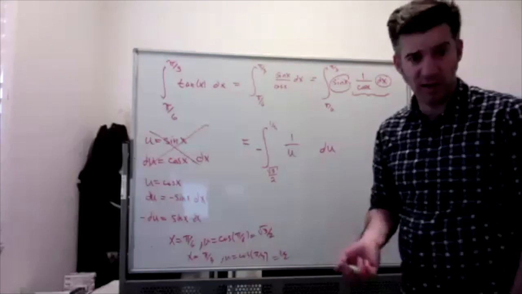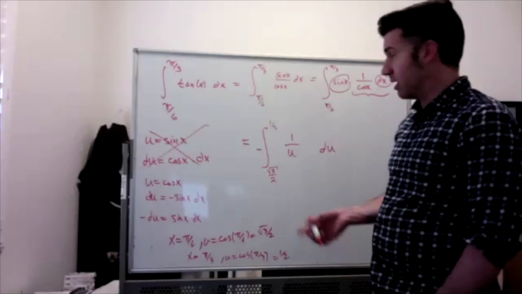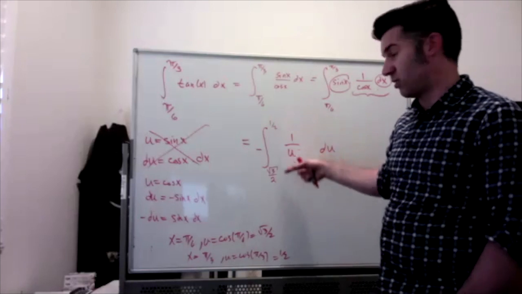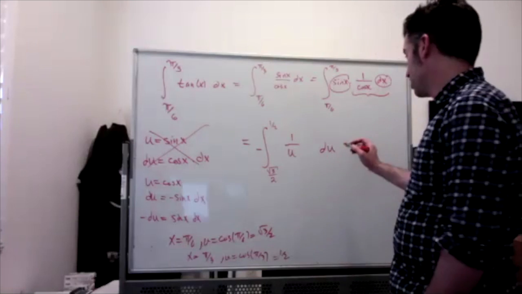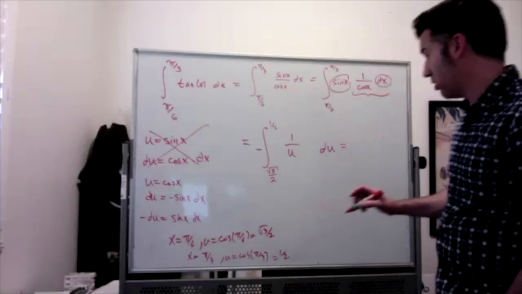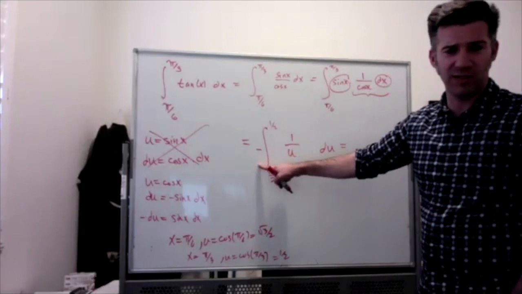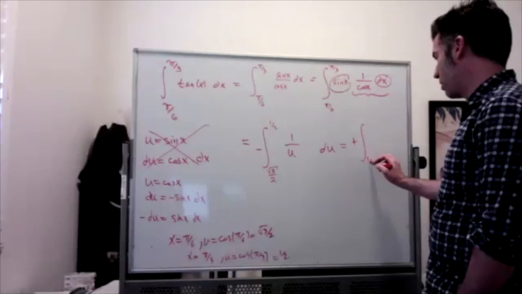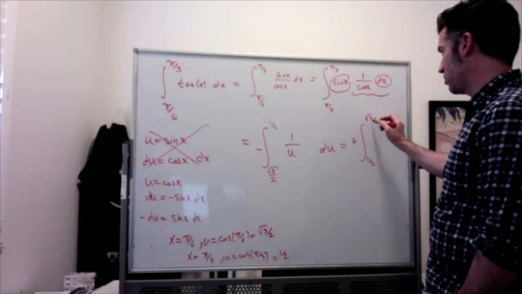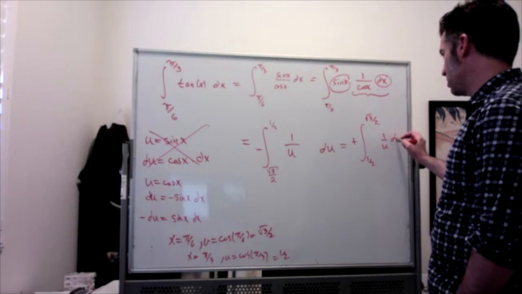Now, it doesn't really matter, but I will point out that 1/2 is smaller and square root of 3 over 2 is bigger. If you wanted to, you could change the order of integration. Look, I've got a negative sign out there, which makes it even more convenient. This is going to be positive, the integral from 1/2 to root 3 over 2 of 1 over u du.